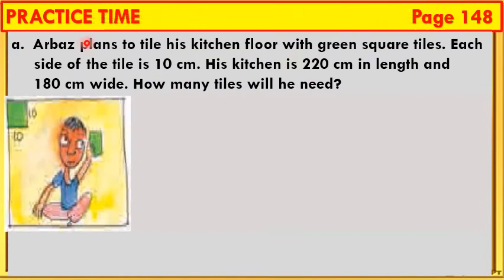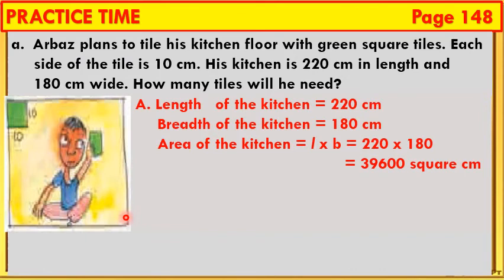Practice time. A. Arbaz plans to fix tiles on his kitchen floor with green square tiles. Each side of the green tile is 10 centimeters. His kitchen is 220 centimeters in length and 180 centimeters wide. How many tiles will he need?